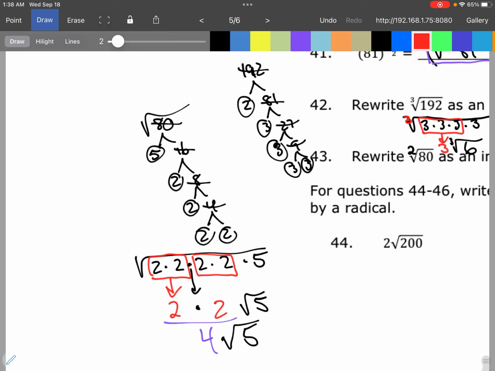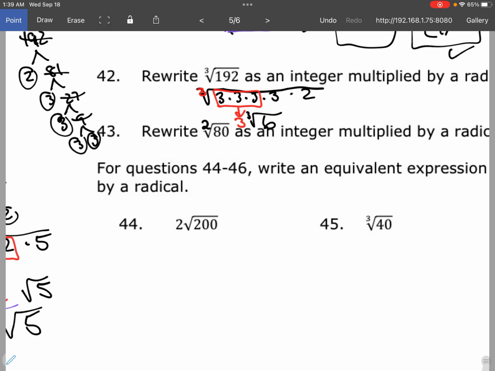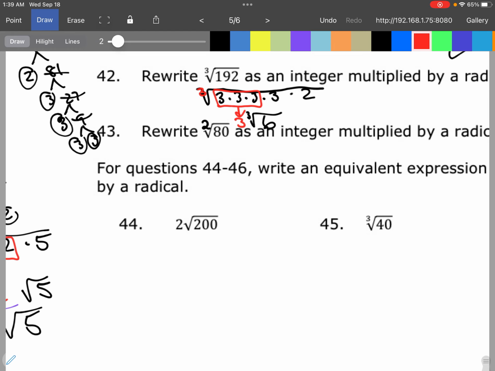So when 2 ceremonies come out of the house, you have to multiply those 2 right here. This is not 2 plus 2, okay? This is 2 times 2 to get this 4 right here. Anyways, 43, the answer is 4 square root of 5. Easy money.